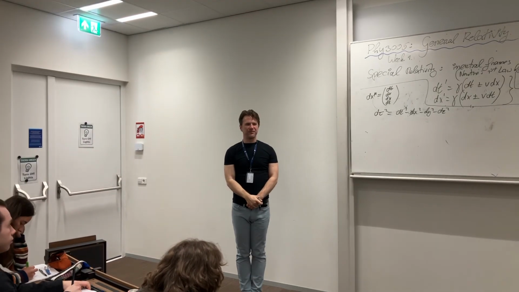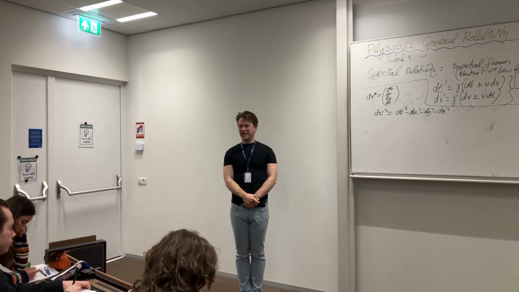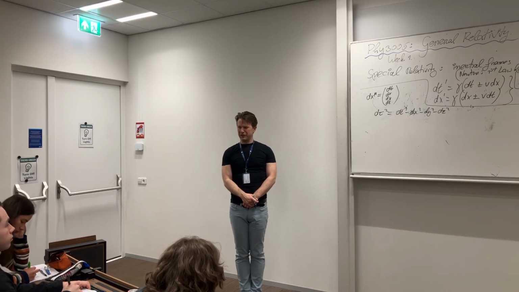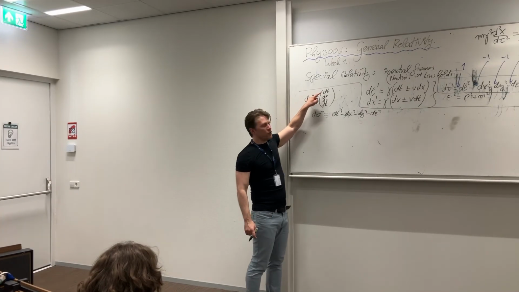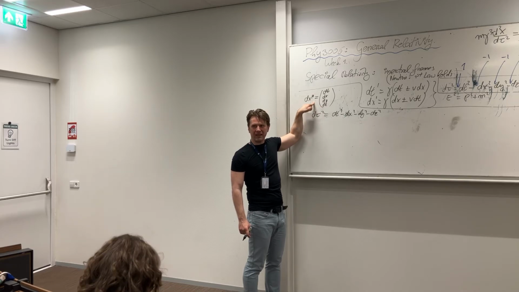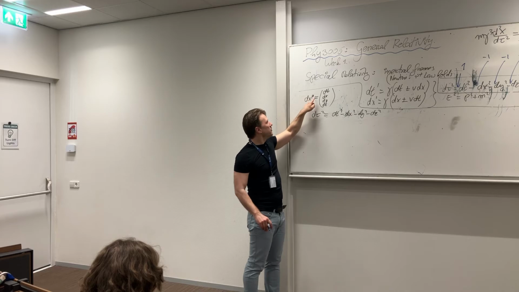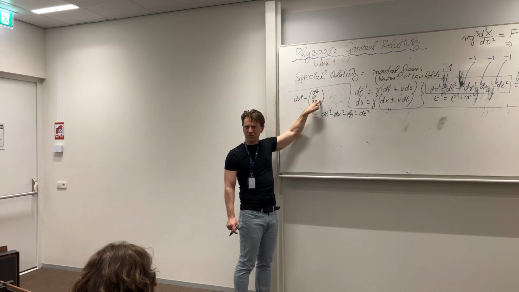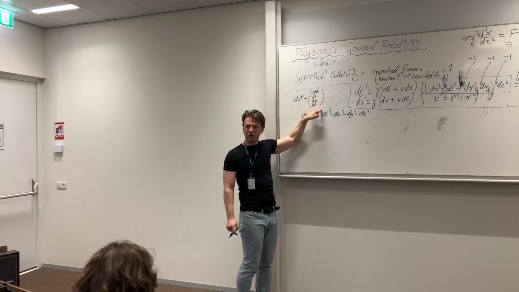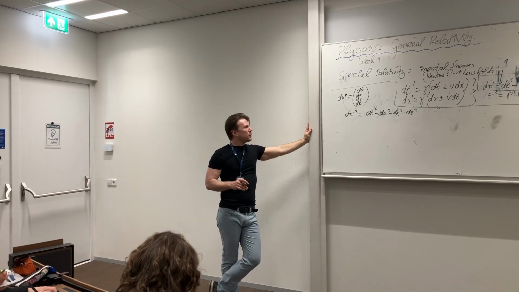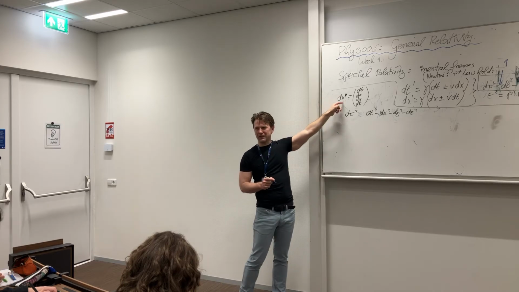I put a Greek index on top of my dx. The Greek index is not a power, it doesn't mean to the power 5 or so. It literally just means I'm talking about 4 coordinates at the same time, and my Greek index lists which of those 4 I mean. By convention, mu equals 0 means time, mu equals 1 means the first space coordinate, mu equals 2 the second space coordinate, mu equals 3 the third spatial coordinate. That's just the nomenclature we use. In this way we're already a bit more economic, because we can write down 4 space-time coordinates in one symbol, this one here.